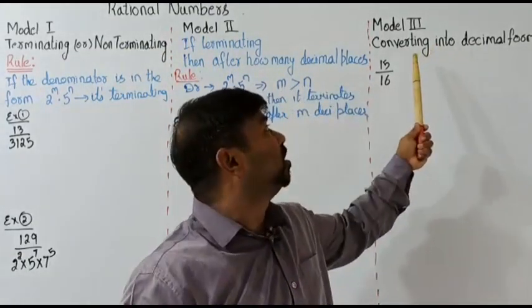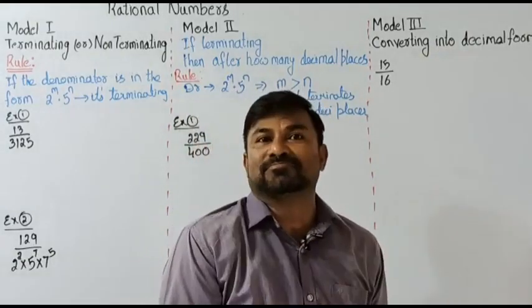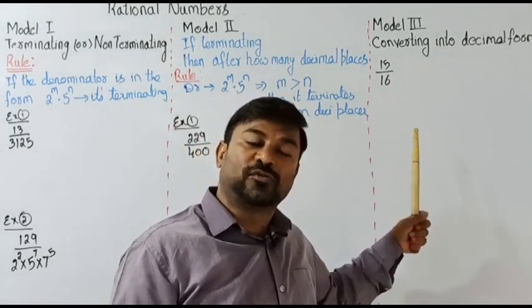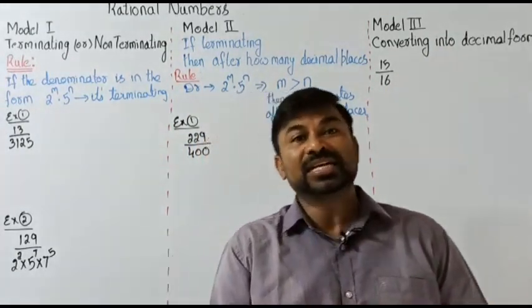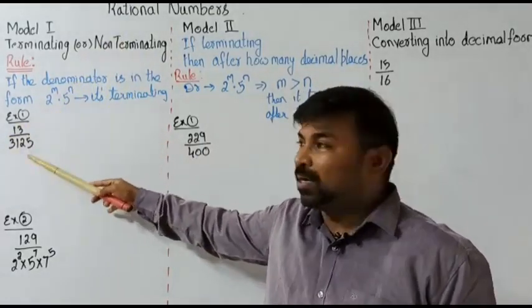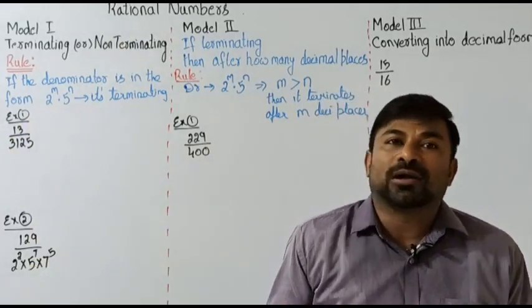And the third model, converting into decimal form, means converting in terms of decimals. The fraction, the rational number which is written in the p by q form, we will convert in terms of its decimal. So the first model, we are given a rational number in the p by q form and we are checking whether it is terminating or not.